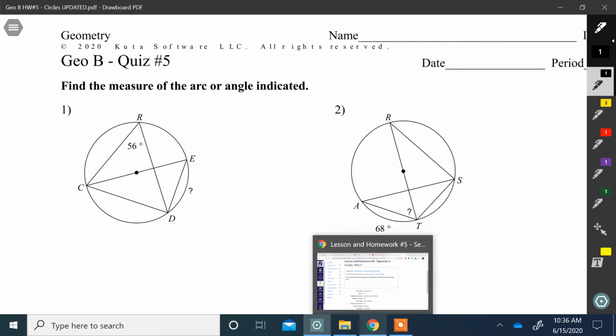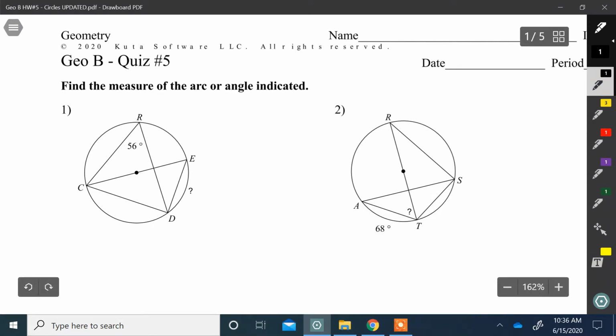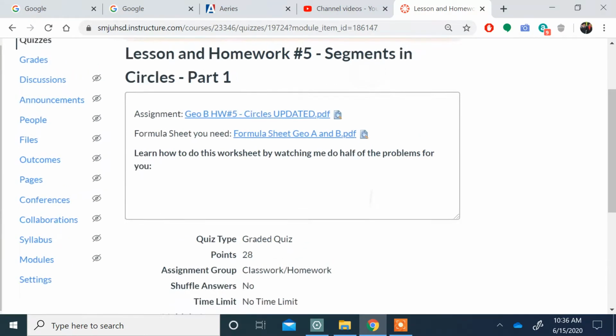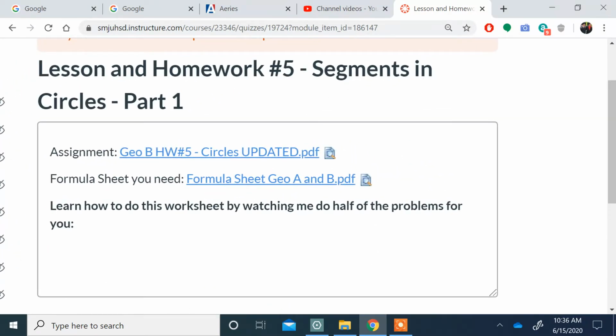Okay? So here's what I need you to understand: we need this formula sheet. On the homework assignment, or this page that you are at, you have an assignment and then you have a formula sheet. That formula sheet is honestly all that you need for doing the circles.